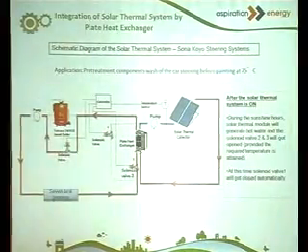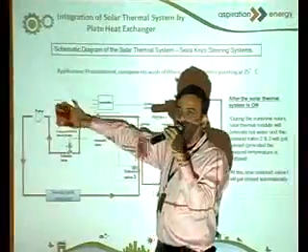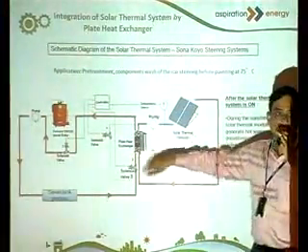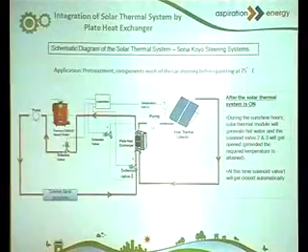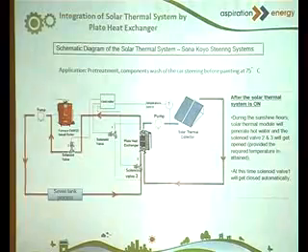The existing system is cut off, and the solar system, through the heat exchanger or the coil inserted inside the tank, is what is circulated to transfer the heat from the solar system.